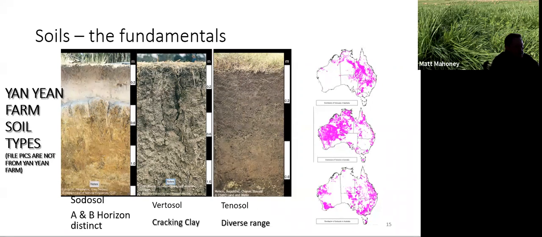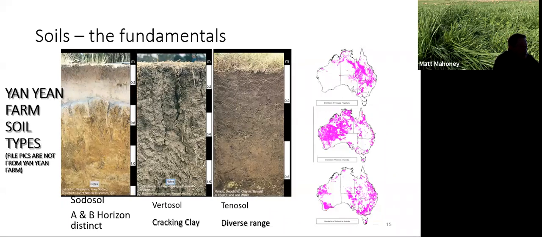Soil Science Australia is an organisation you can become a member of if you would like; just Google them. They went across and assessed the whole farm as part of a competition, to see who could come up with the correct classifications, and this is what they came up with.